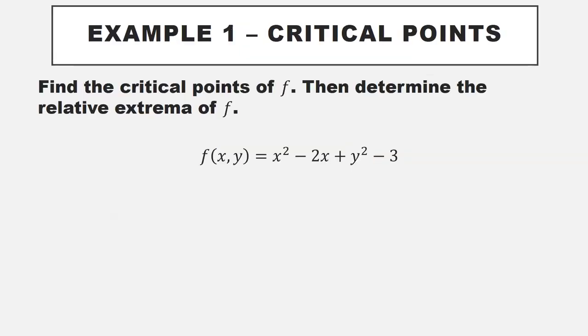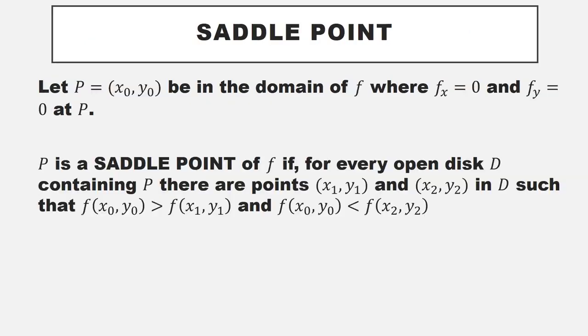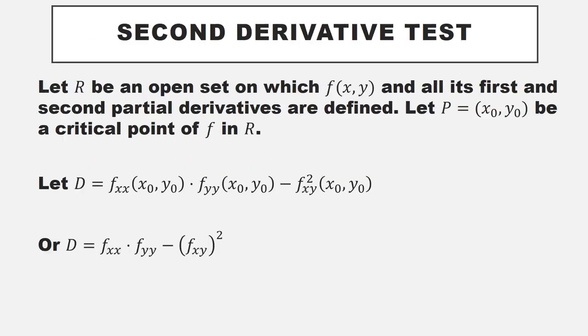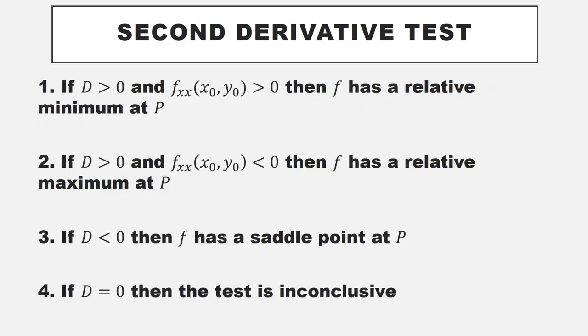So this is only going to be a test which we can use for critical points. And we calculate this D at whatever point we're looking at. And then this test here determines what type of critical point it is: a relative minimum, a relative maximum, or a saddle point.